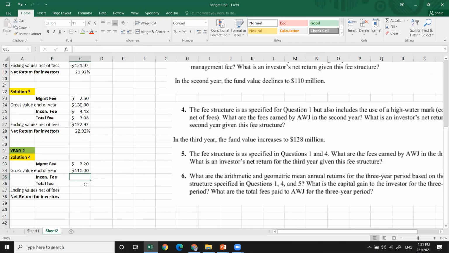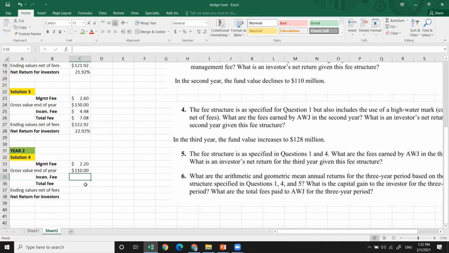And for the incentive fee, we're just estimating how much money you earned: end of year value minus beginning of year value, multiplied by the incentive fee rate, which is 20%.